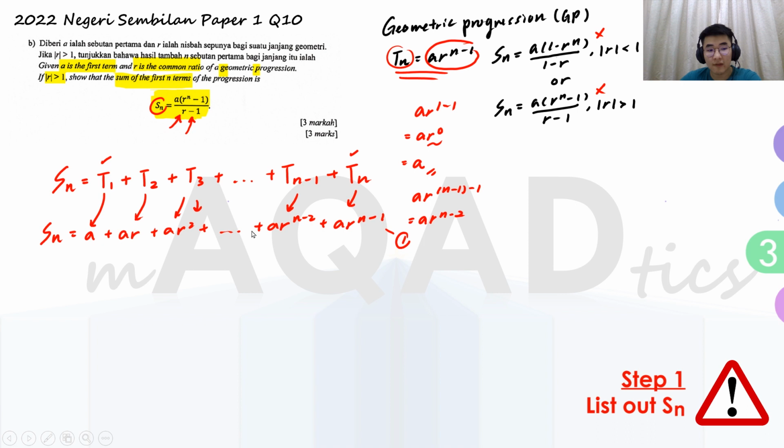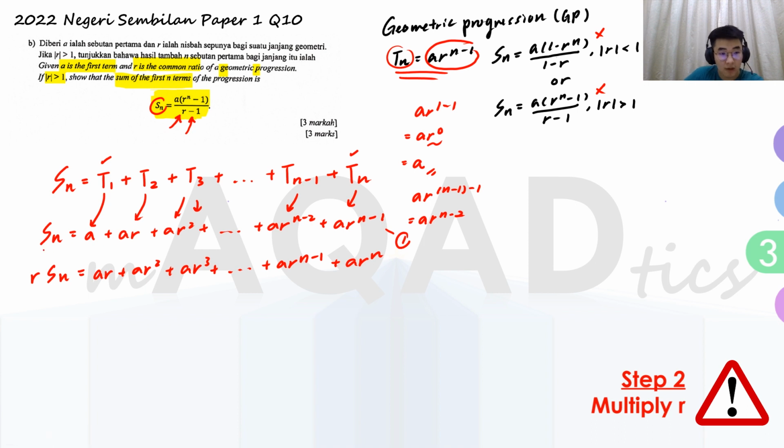One of the ways is we can multiply the whole equation by r, which is something like this. So here Sn becomes rSn, and here a becomes ar. Same goes for all of the terms. So here will be our second equation.